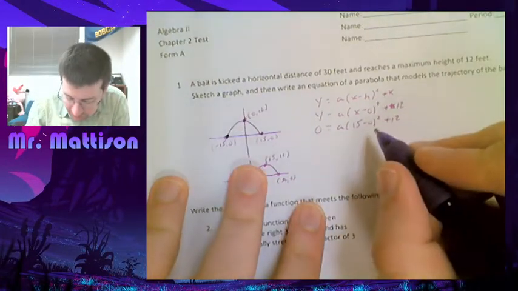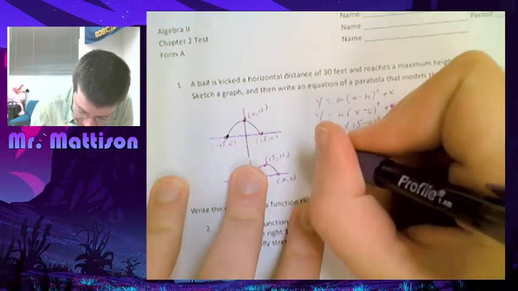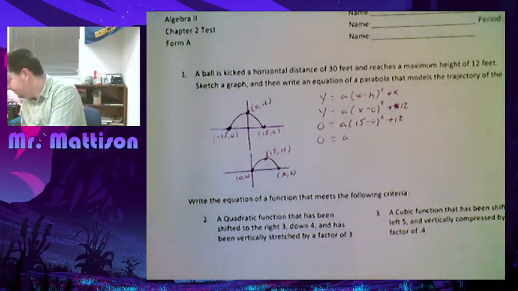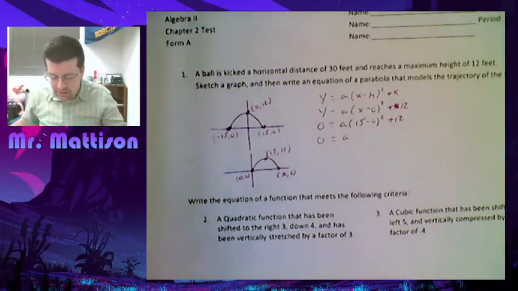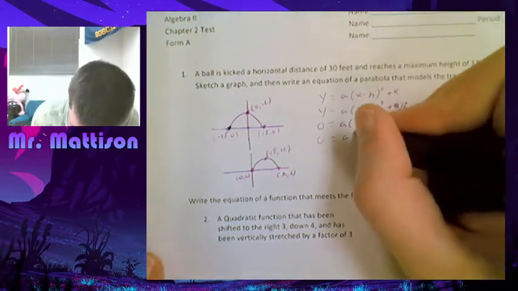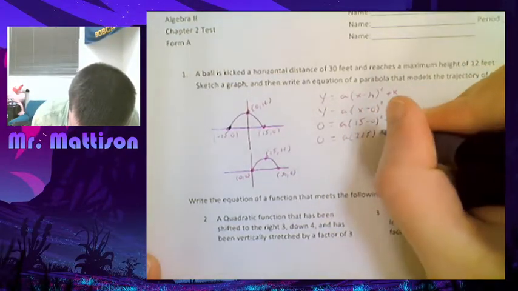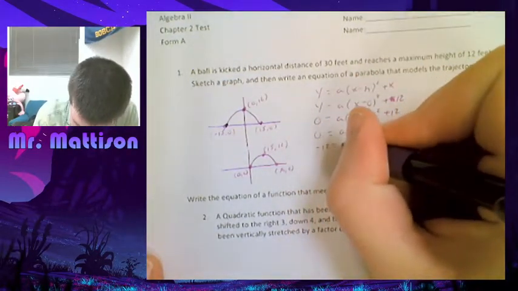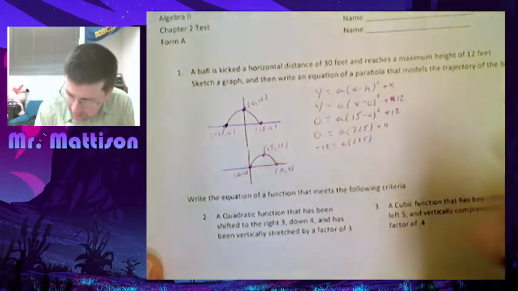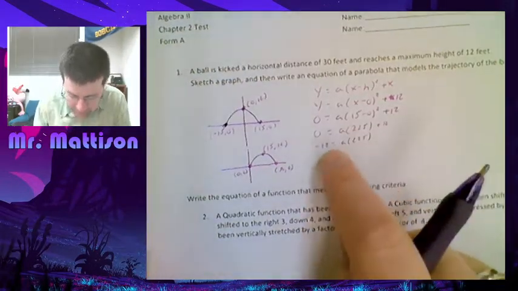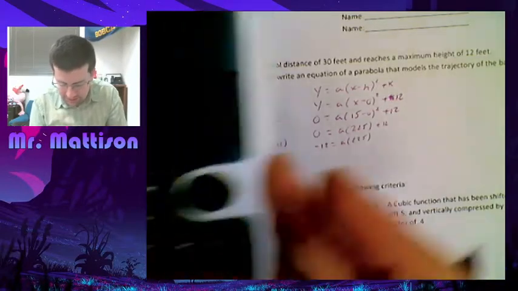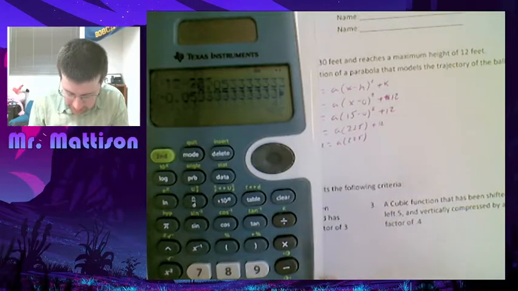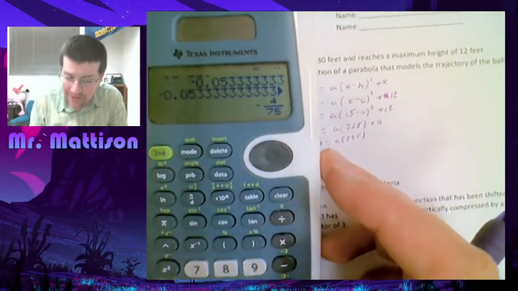So if I do this, I'm going to have 0 is equal to a times 15 squared, which I believe is 225, plus 12, and then I'm going to subtract that 12 over, so I get negative 12 equals a times 225, and then if I divide that over to reduce it, we'll have negative 12 divided by 225, which is going to be, as a fraction, negative 4/75.